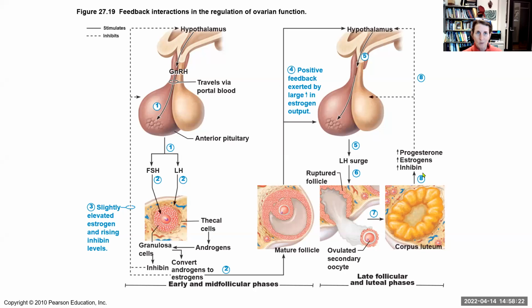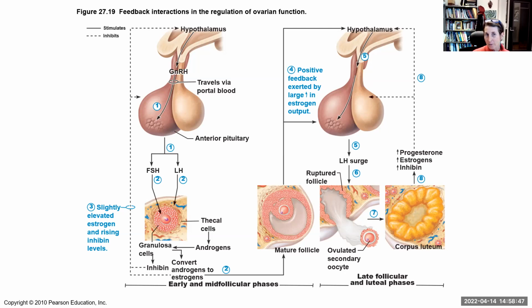Estrogens is plural because there are different types of estrogen. I'm not going to get into that. But we see elevated levels higher than before of progesterone, estrogen, and inhibin, and that's going to dashed line. So we are inhibiting the release of gonadal GnRH, LH, and FSH.